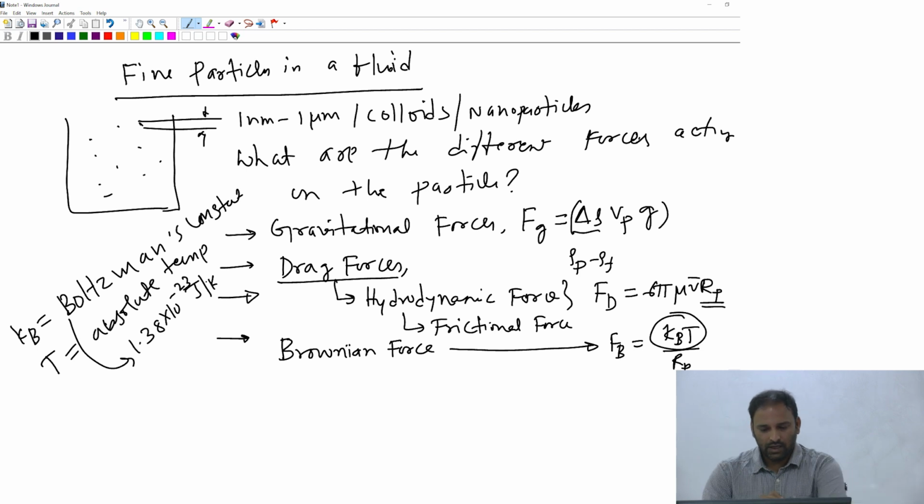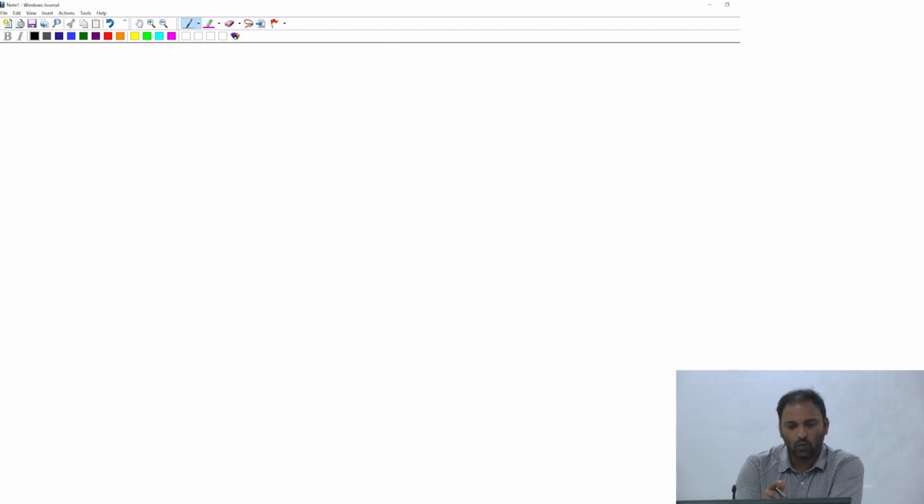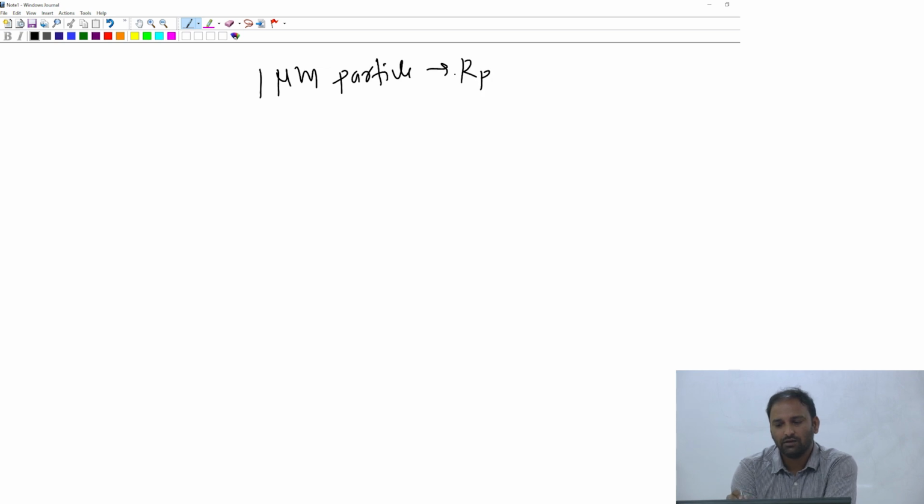Okay, let's think about again calculating these forces. I would like you guys to calculate what is Fd. Let's think about a simple case of a 1 micrometer particle, this is going to be your Rp.